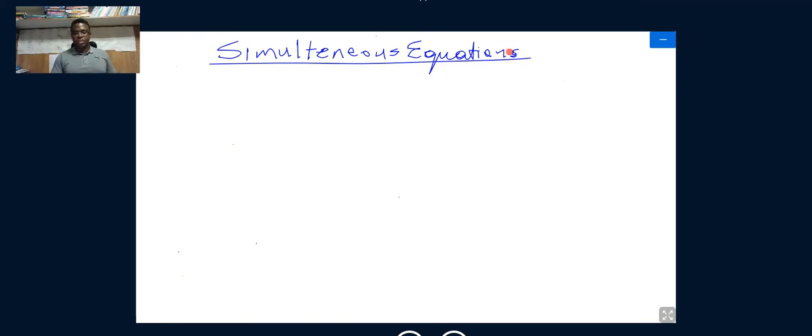Simultaneous equations are when we have two systems of equations and we want to solve for the unknown variables simultaneously for both equations. That is why we end up with these methods.